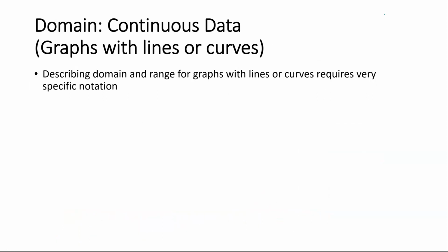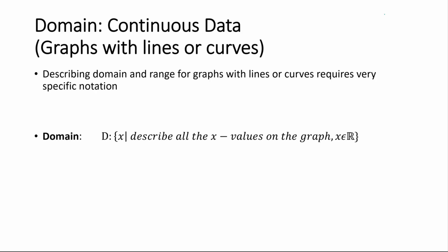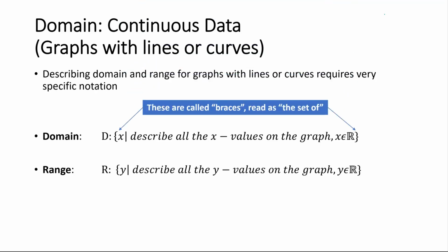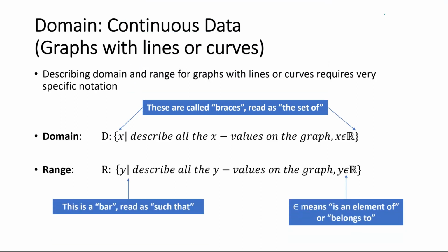For continuous data, or graphs with lines or curves on them, we are going to be describing the domain and range with very specific notation. So the domain is going to look like that. The range is going to look like that. Now what does everything mean here? Well, the D and the R obviously mean domain and range. Those curly brackets, called braces, mean the set of. The bar next to the x and the y on the left side means such that.